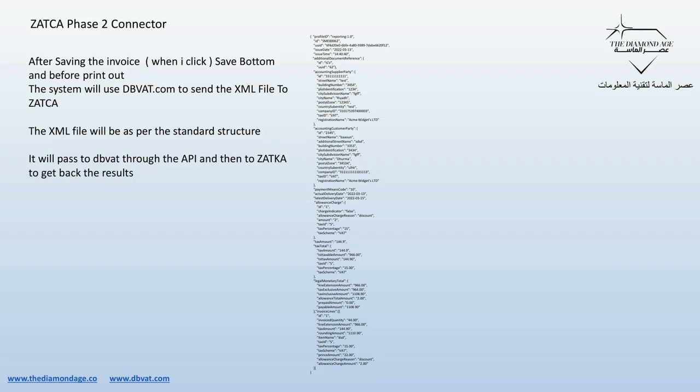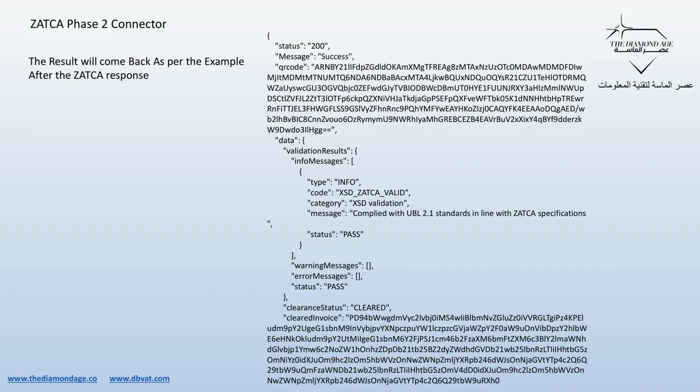So after that, the system will get a response from ZATCA with the success and the requirement which we talked about in the beginning slides, which is the QR. They generate the QR. And also the status, clearance pass.